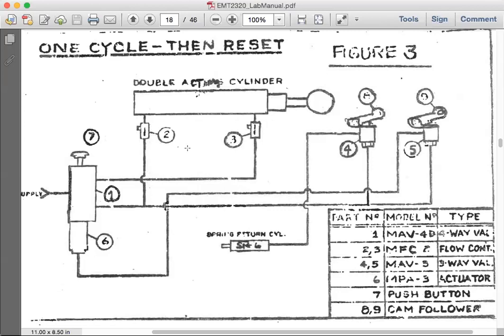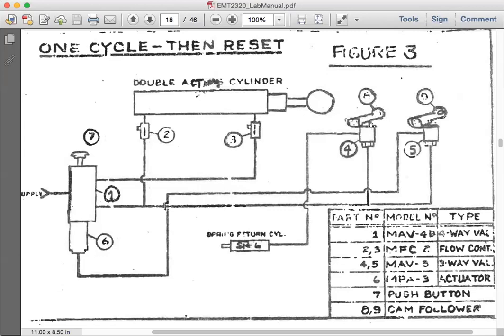But actually, neither of those flow controls controls pressurizing. Both of them control venting, or depressurizing. Number 2 controls the return by controlling how quickly the left chamber is being depressurized. Number 3 controls the extension of the double acting cylinder by controlling how quickly the right chamber depressurizes, allowing the piston out.